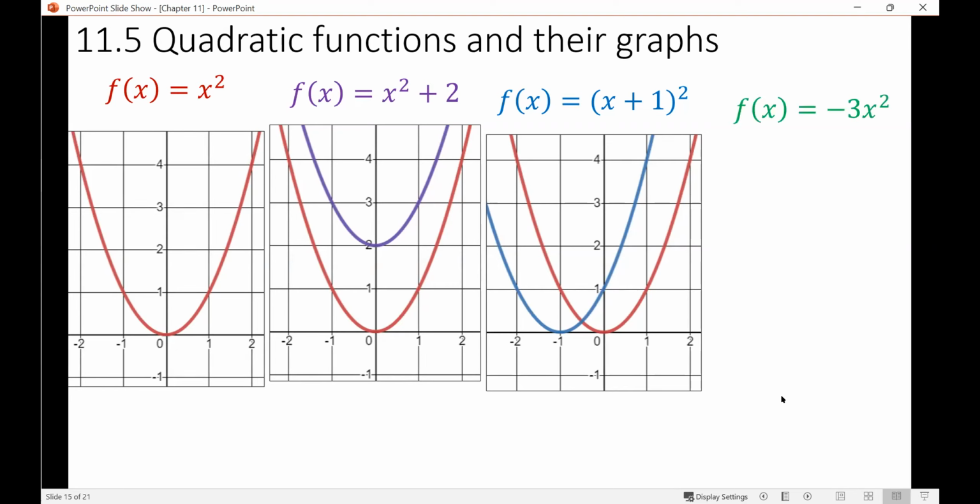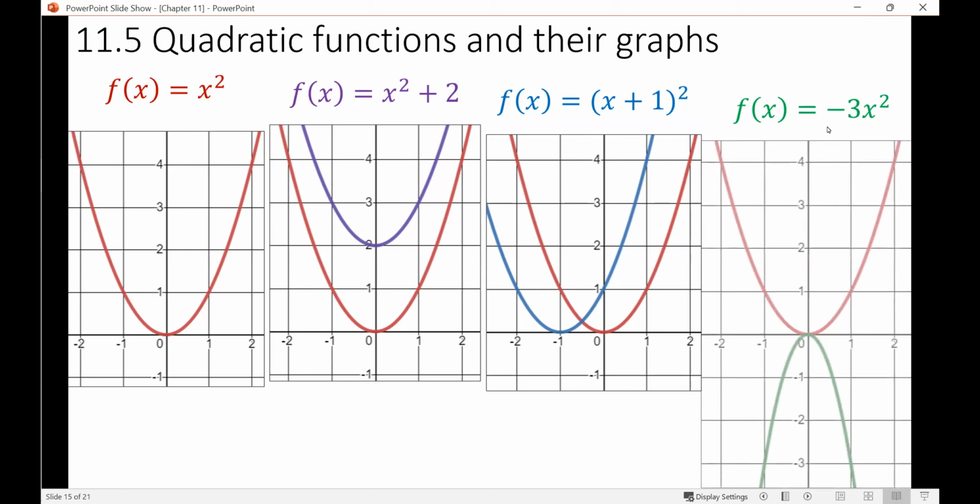We can also flip this just by making the outputs all negative. That happens with a negative sign. And we can also make our parabola wider or more narrow. If we want it more narrow, meaning it grows faster, so y gets larger faster, we multiply by a value. Here we've put a coefficient of -3 out front of our squared term, and the negative has caused our parabola to flip upside down.